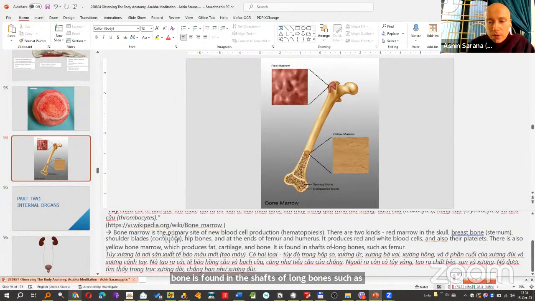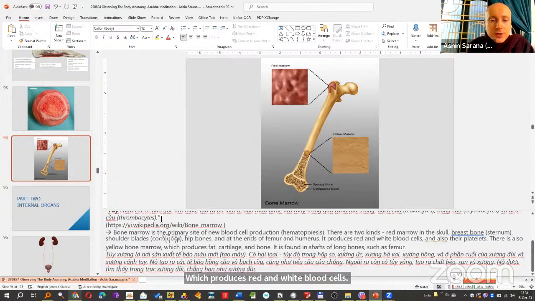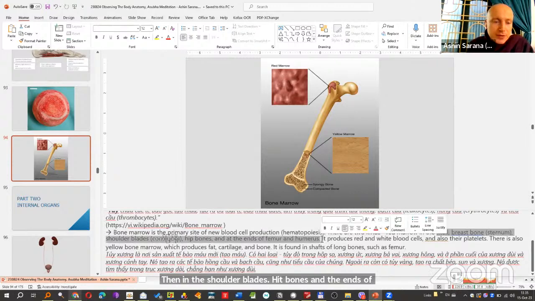Red bone marrow, which produces red and white blood cells, and also the platelets, is found in the skull, the breastbone or the sternum, then in the shoulder blades, hip bones, and the ends of femurs and humerus.